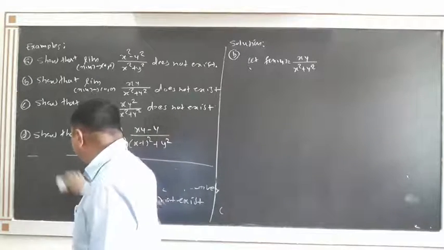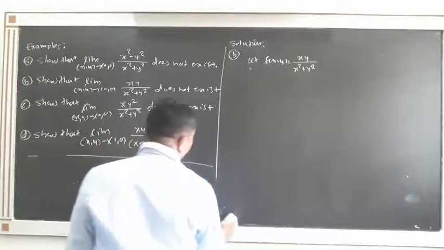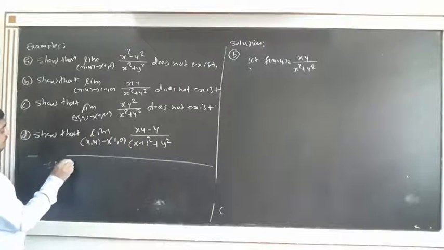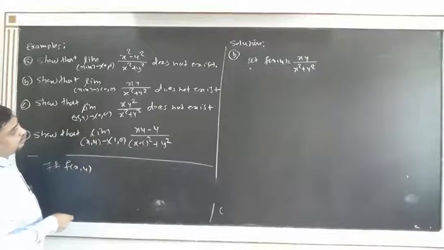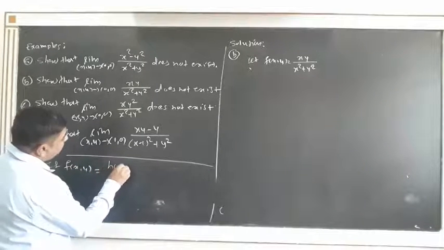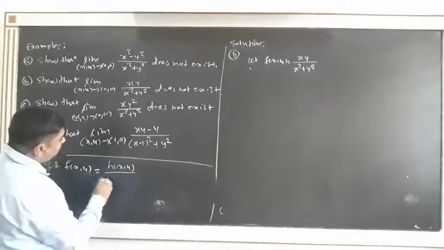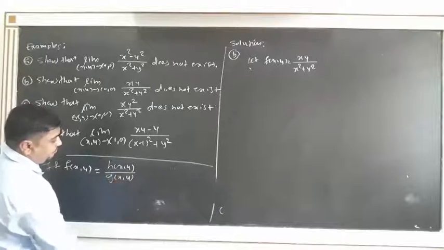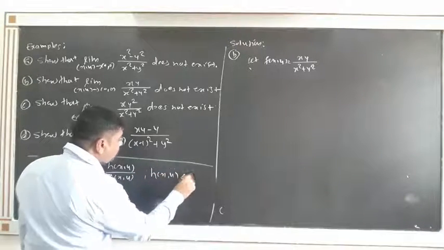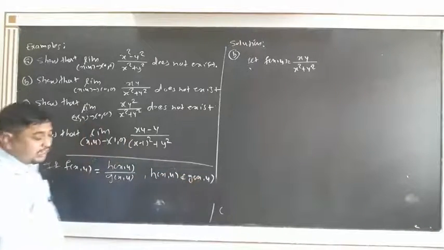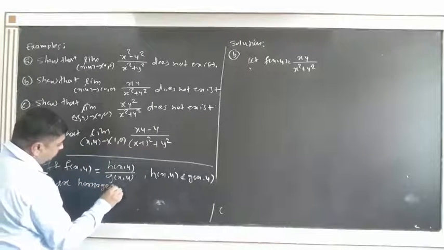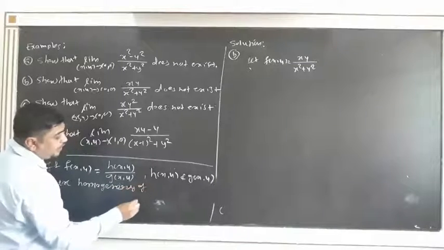Whenever we have a function like this, f(x,y) is equal to h(x,y) upon g(x,y), suppose, and here h(x,y) and g(x,y) are homogeneous of the same degree.